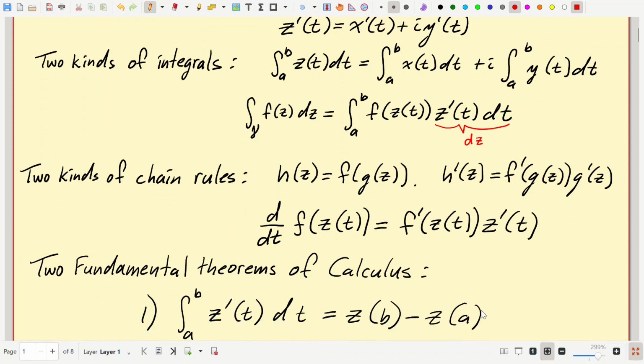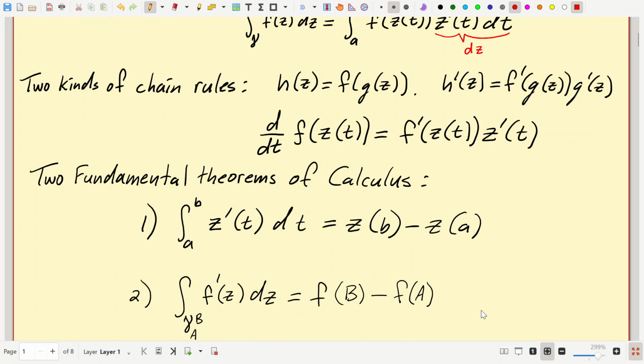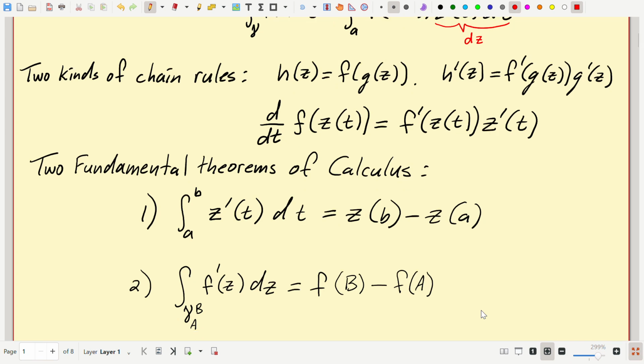And now the new thing today, I promised I would show you there are two fundamental theorems of calculus. And they're going to be very straightforward. I'll demonstrate them in a second. In that number 2 there, that's a curve gamma that starts at A and goes to B. And so that would be the integral along that curve of f prime dz is f at the endpoint minus f at the starting point.